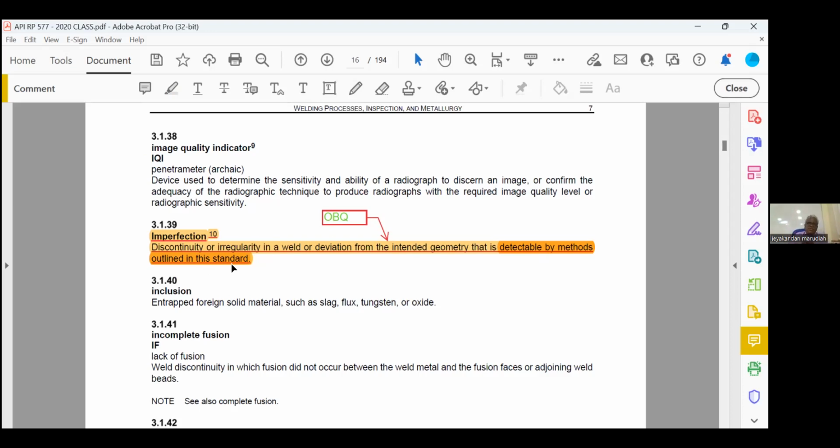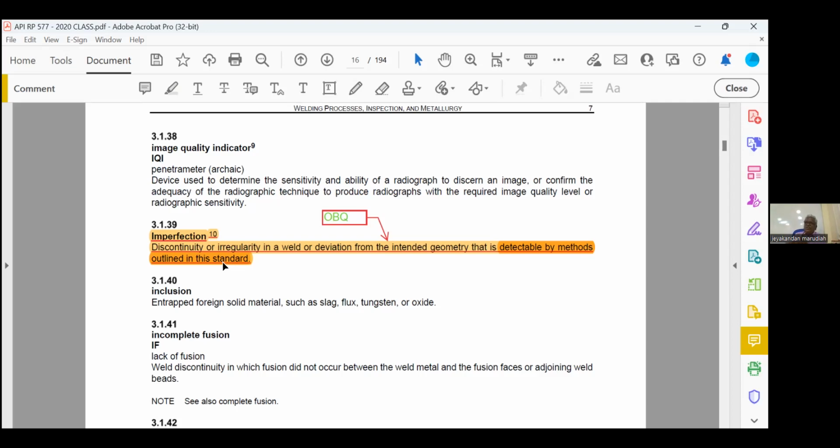So the question will be asked like this only: discontinuity or irregularity in a weld or deviation from the intended geometry that is detectable by methods outlined as per 577 is called as? Answer is imperfection.